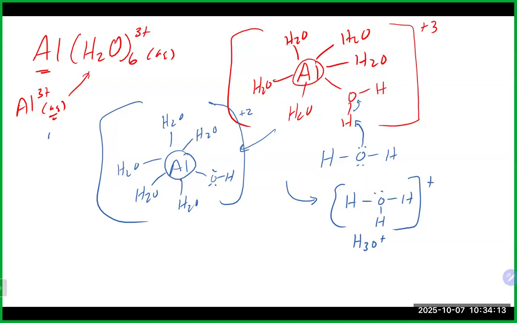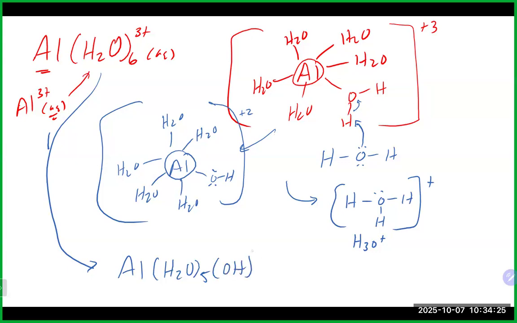So when we look at that formula, this guy ends up with all 5 of those still intact and an OH, which is OH minus. Again, plus 3 minus 1 leaves an overall plus 2. Scary looking thing that you will know how to name by the end of the semester. And we will make H3O plus in this case here.